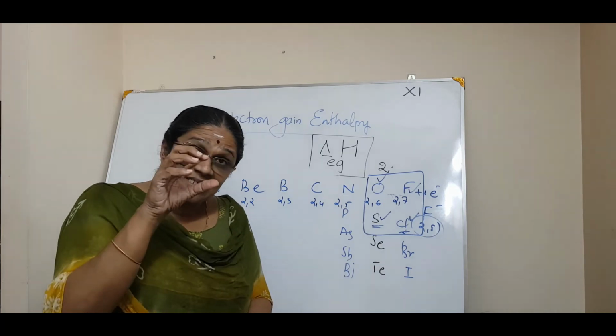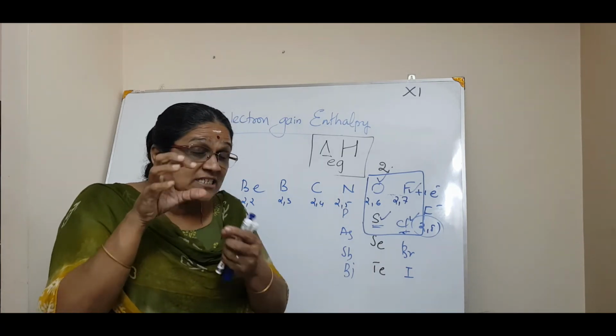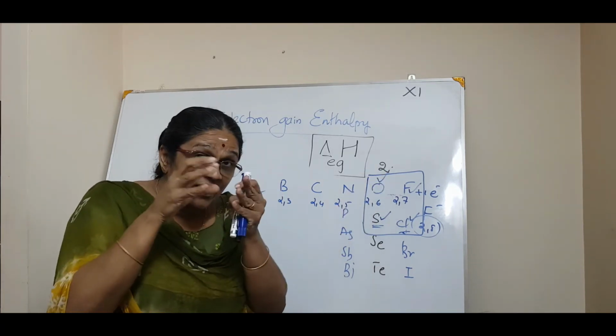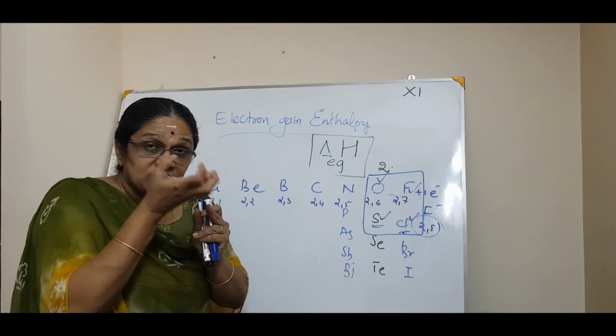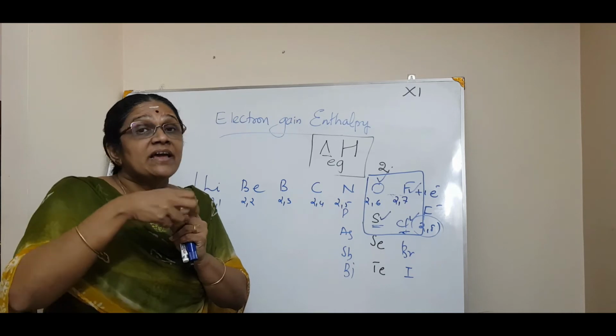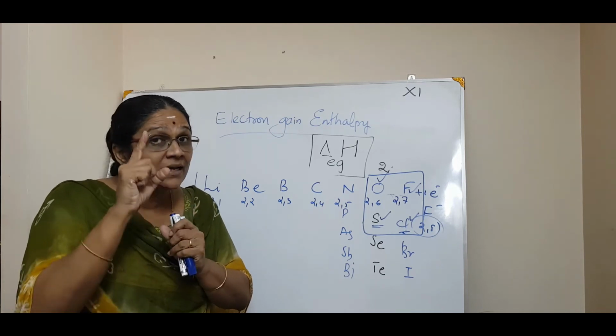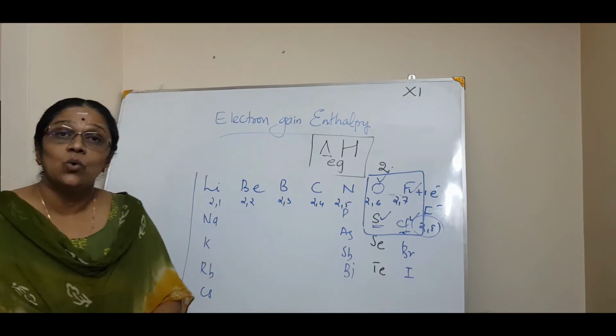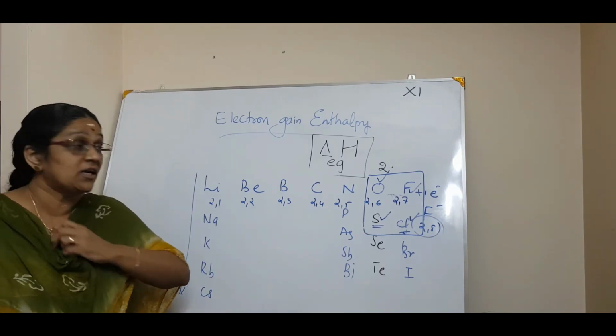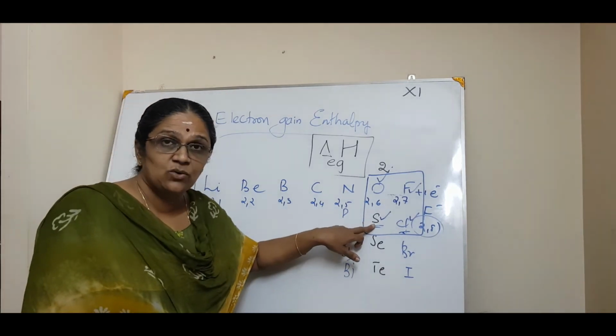So the size is very small, and since the principal quantum number n equal to 2 is very close to the nucleus, adding an electron to such a small size will have a greater repulsion when compared to sulfur and chlorine. That means the principal quantum number here is 3, isn't it? n is equal to 3.